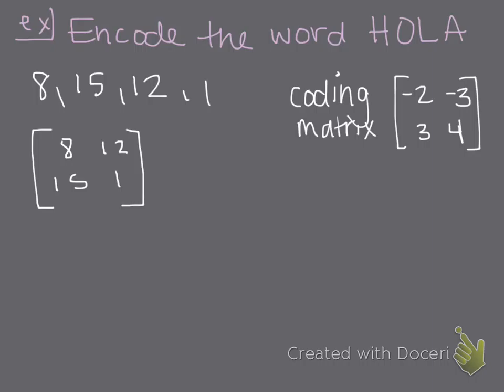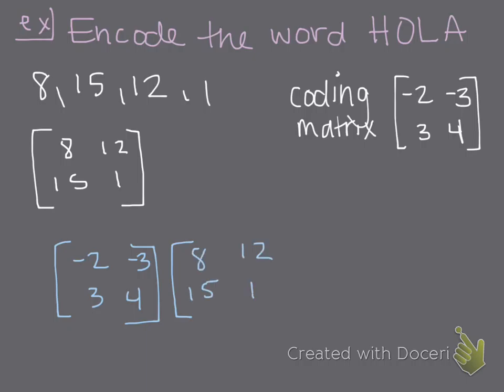I take my coding matrix first, and we multiply it by this message. Remember, we still do that whole row by column thing. My coded matrix is going to be a 2x2. I'm going to do my scratch work off to the side.